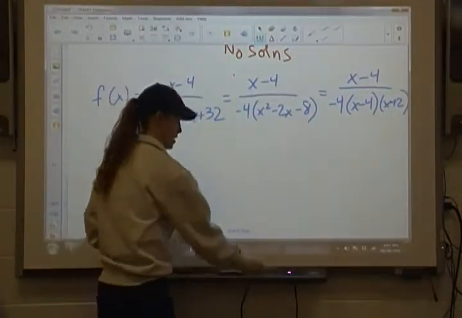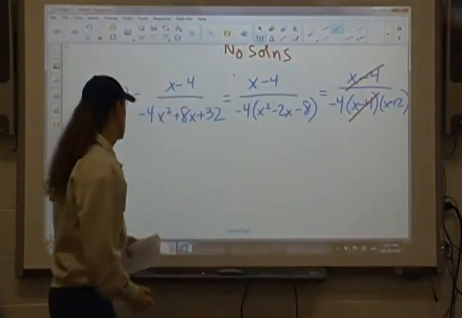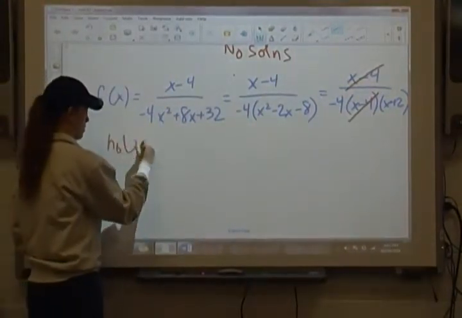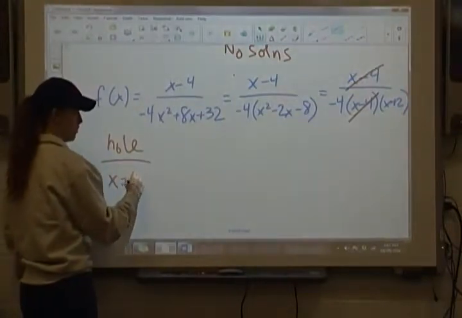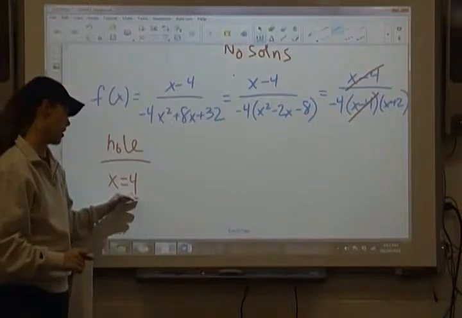And so what cancels here is the x minus 4. So that is the factor that's going to give us our hole. So our hole is going to have an x value of 4, because we set x minus 4 equal to 0, which gives us x equals 4.